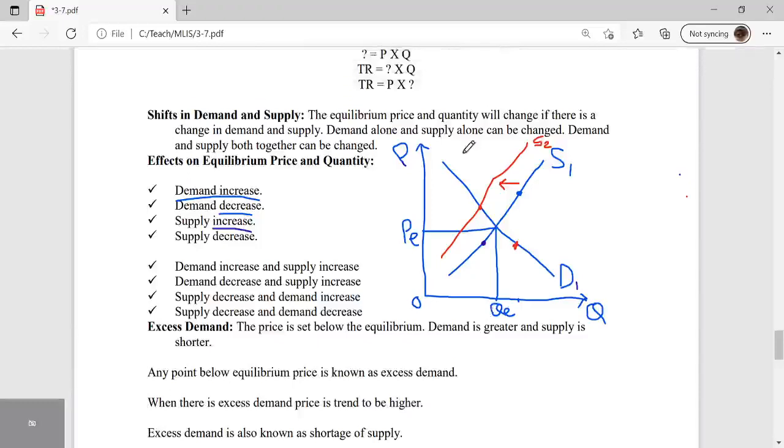So see what's happening, at the same time there will be a rightward shift of the demand curve as well. So the new demand curve will be D2. There will be a rightward shift. So see now, in which intersection point were we talking about? Now D2 and S2 will be intersecting. See, D2 and S2 is intersecting over here, right?